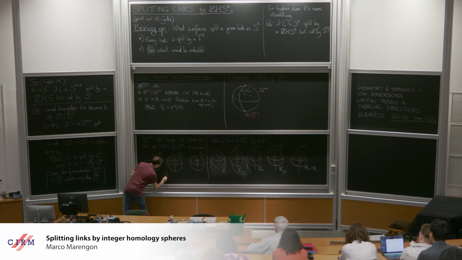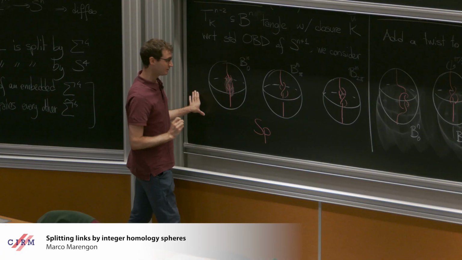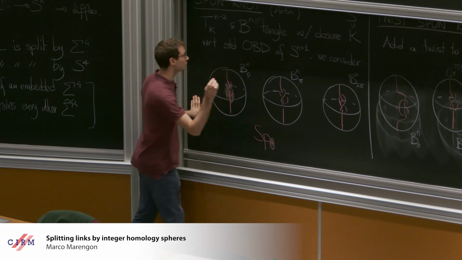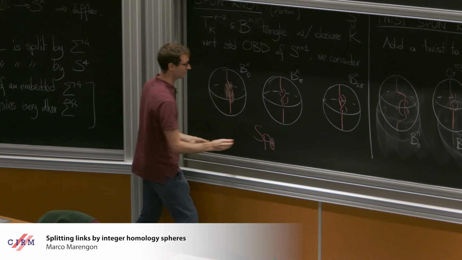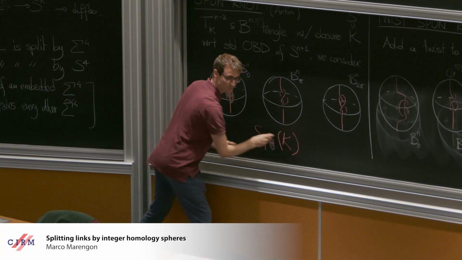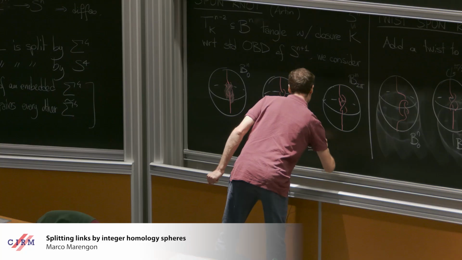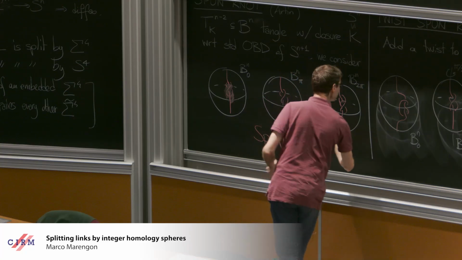The knot that we get on the left is called the zero twist span knot over K, and this is a knot inside S^{n+1}.